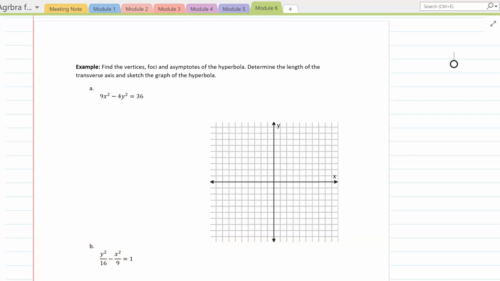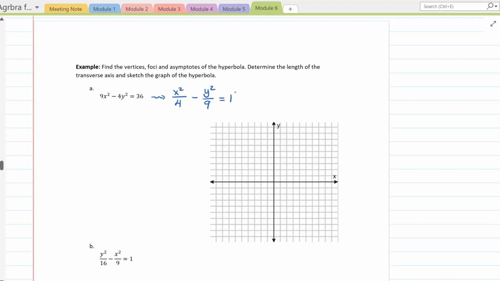So here we have to put the equation into standard form. I go ahead and divide everything by 36. Then I get x squared divided by 4 minus y squared divided by 9 equals 1.